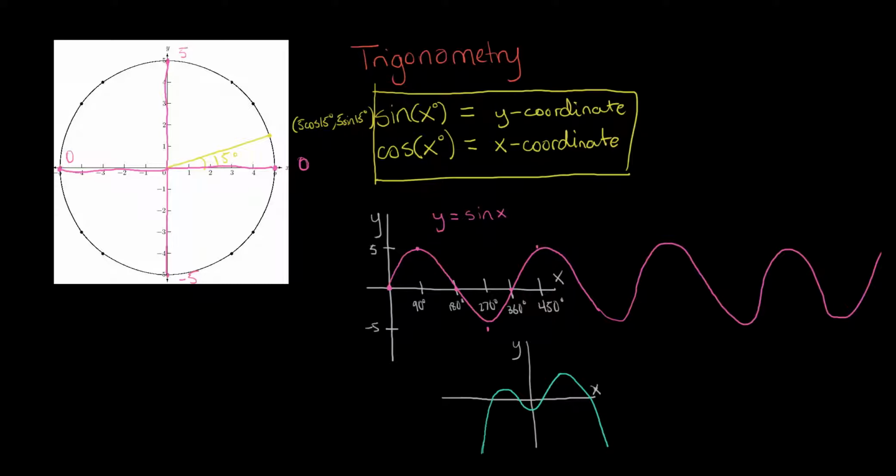So let's do this in a line here. If you had a degree 2 polynomial, degree 2 being a parabola, you'll have one bump.